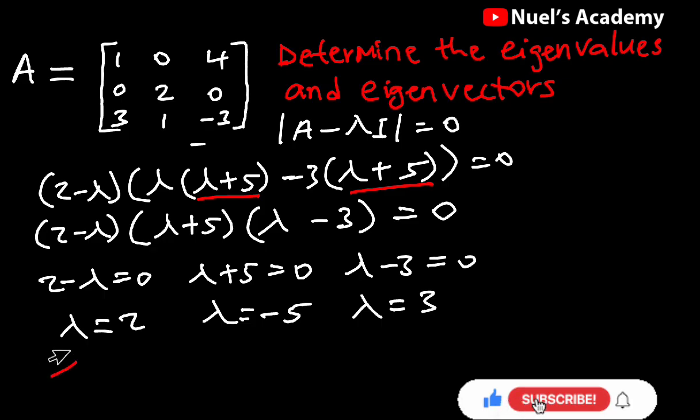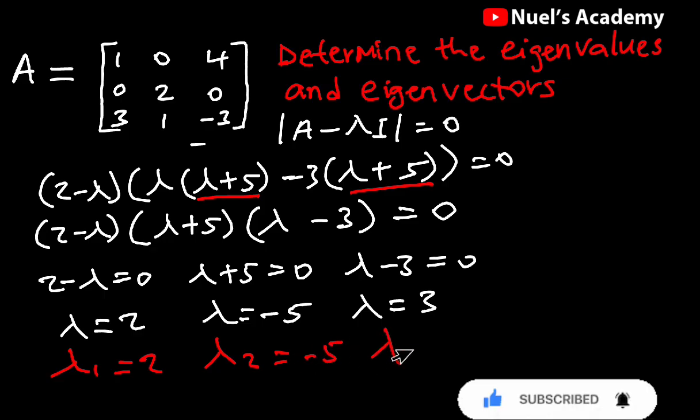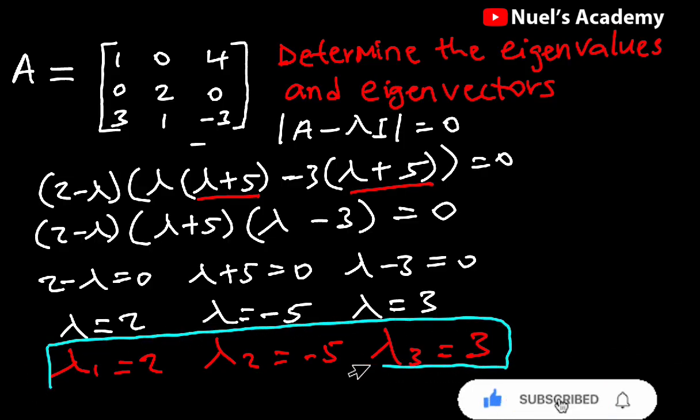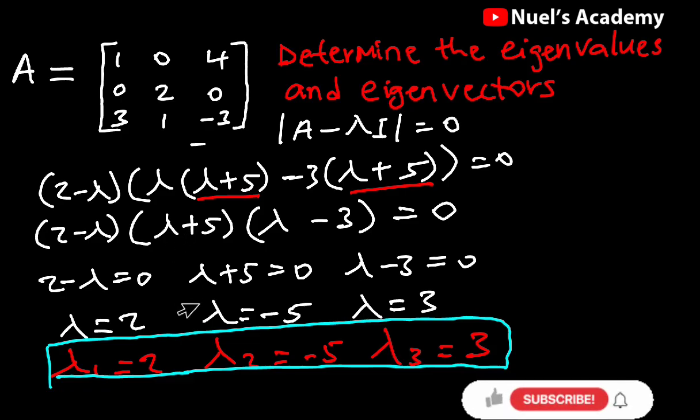Let this be lambda 1 equals 2, lambda 2 equals negative 5, and lambda 3 equals 3. These values of lambda are the eigenvalues of this 3 by 3 matrix. Now from these eigenvalues, we are going to find the eigenvectors of this matrix.